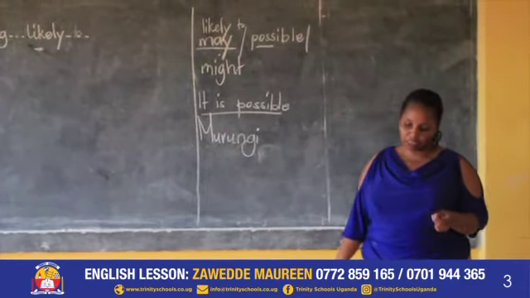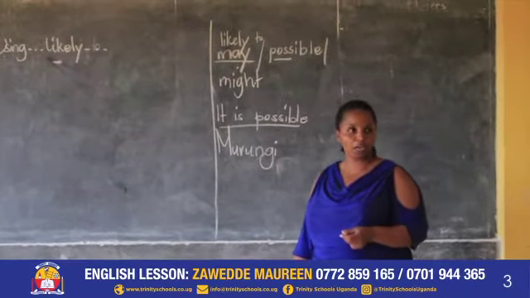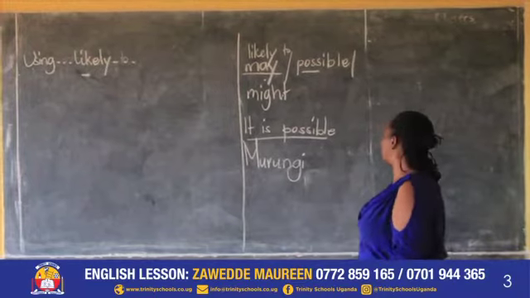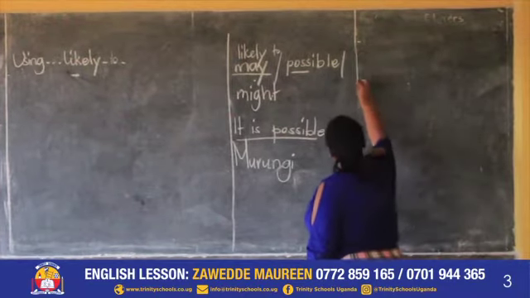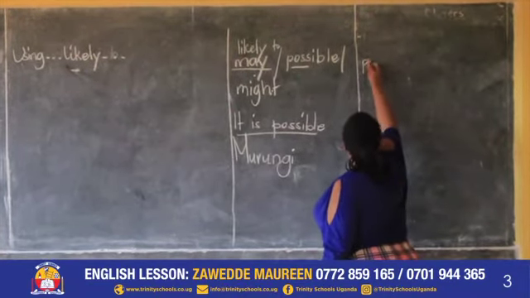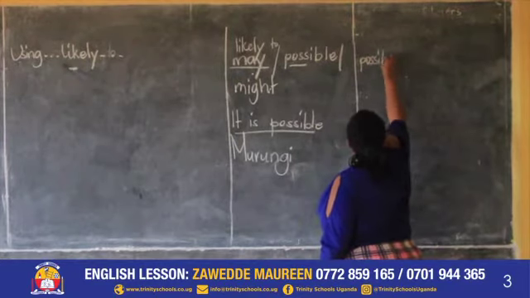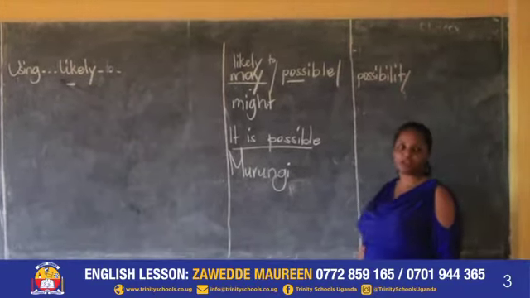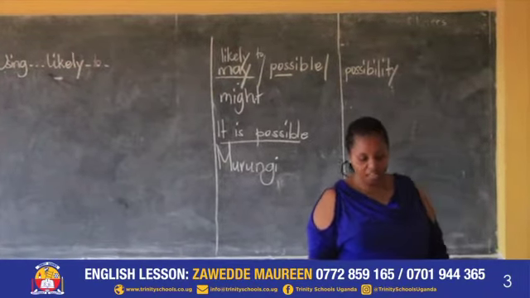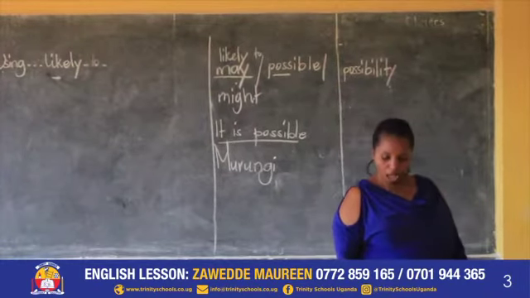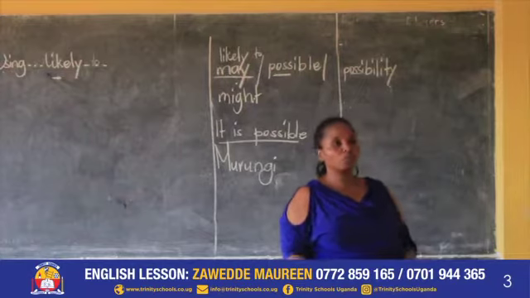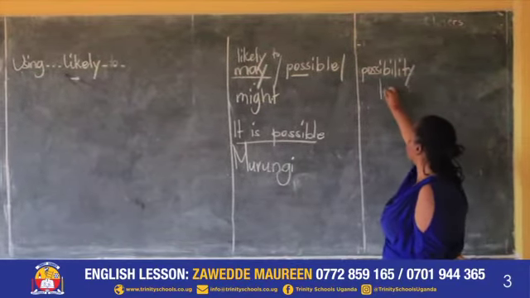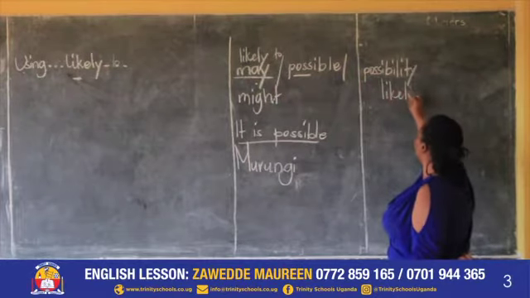There is a possibility that schools will open after June. Possibility also is in line with likely. So we are going to remove the word possibility and replace it with likely to.